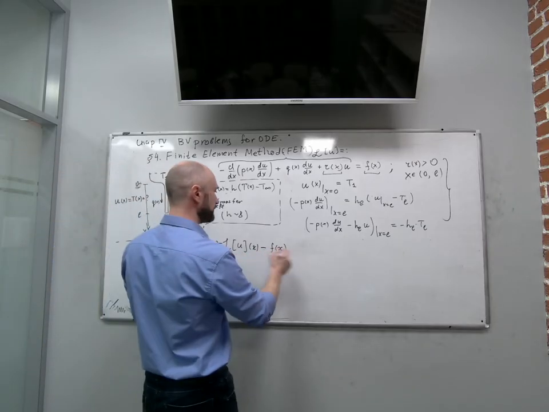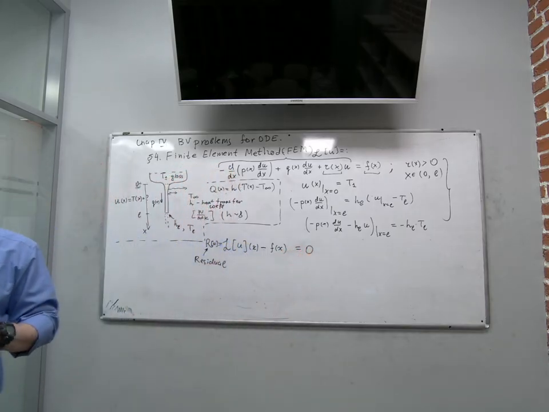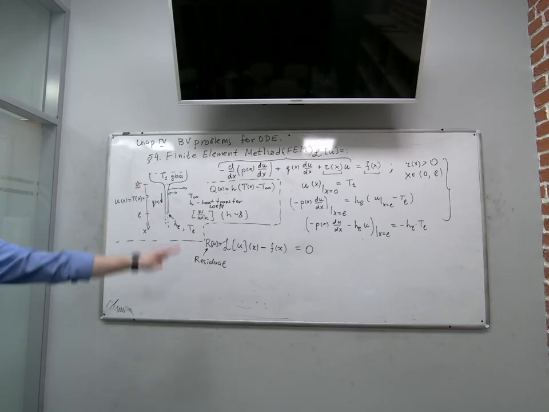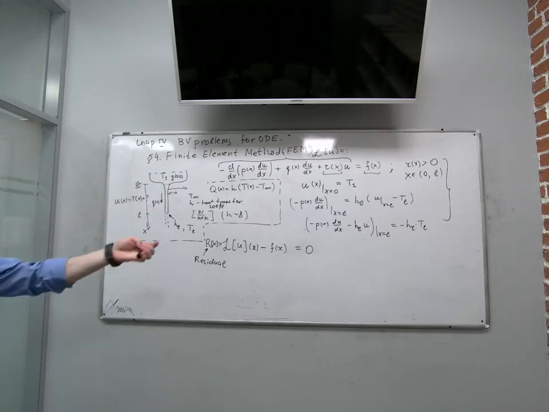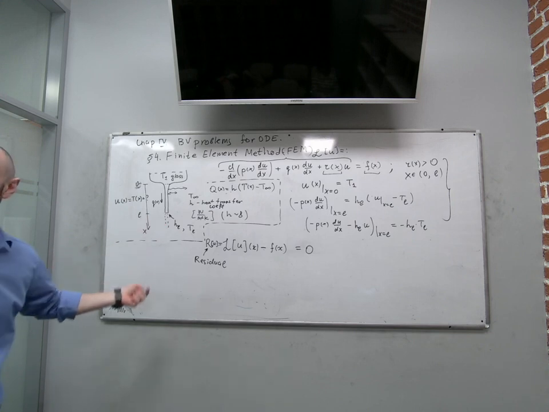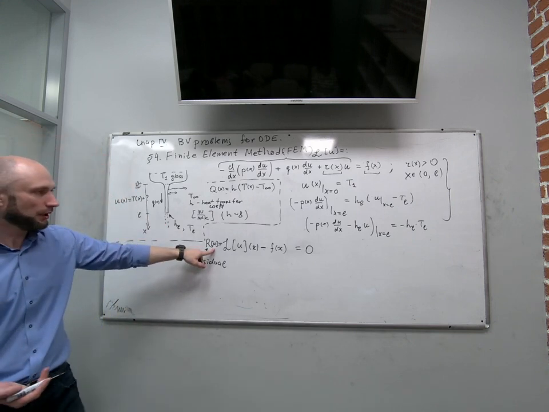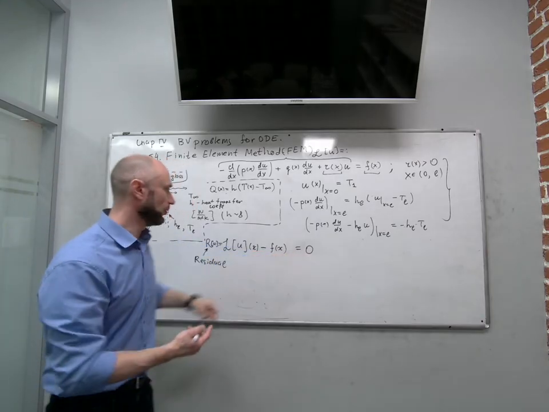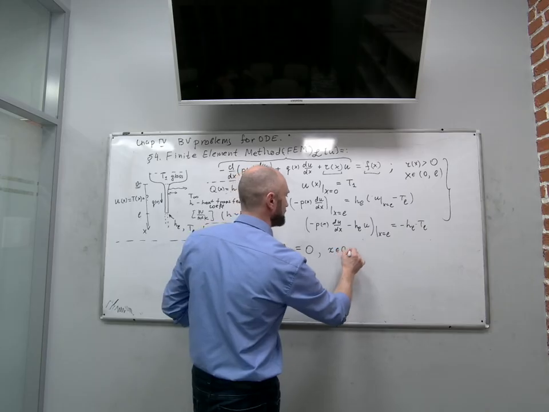Residual operator is like this, and it should be 0. This is what we want. So these are equivalent transformations. I don't do anything. I just denote things with different letters, right? So we have some residual, and it should be 0 for every x from 0 to L.